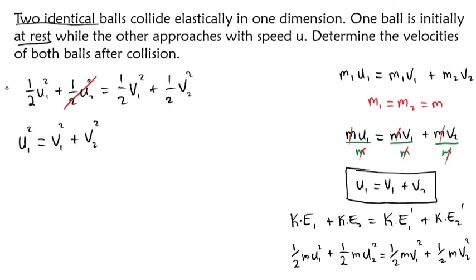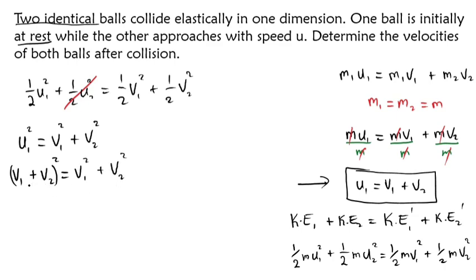Now at this stage, we have an expression for u1, the equation that we call equation 1. We can substitute it into this equation. So this becomes v1 plus v2, all squared, equal to v1 squared plus v2 squared.